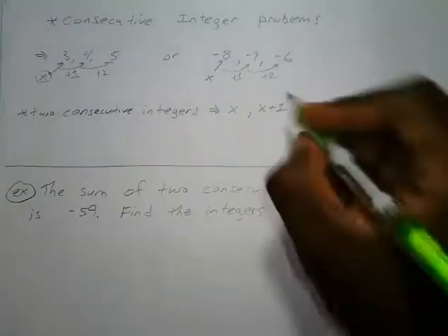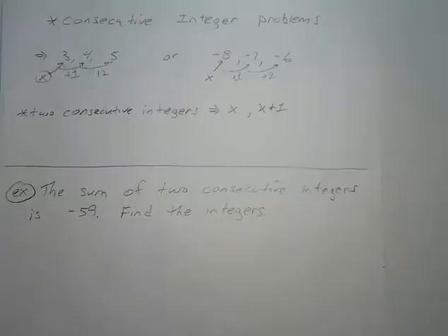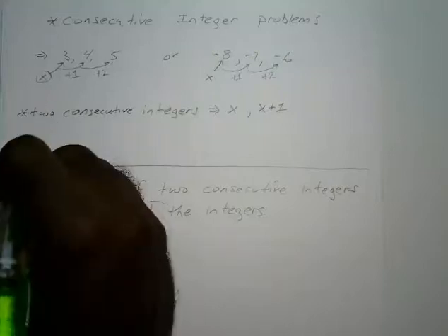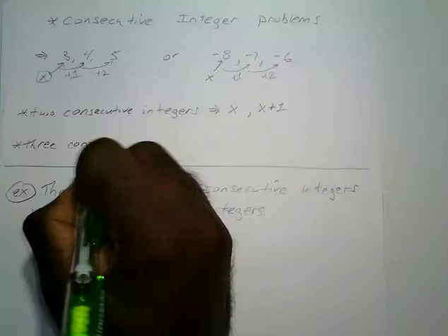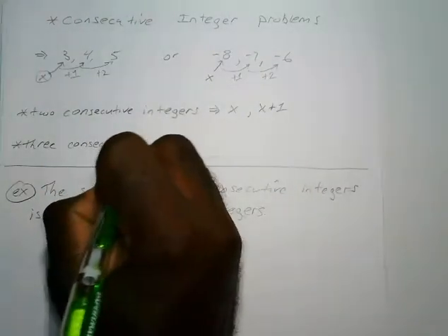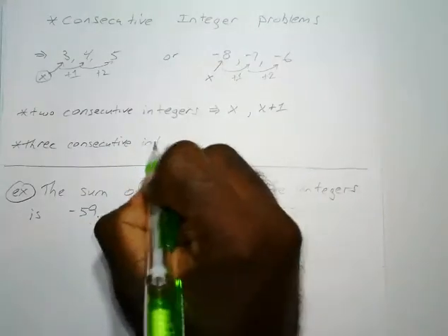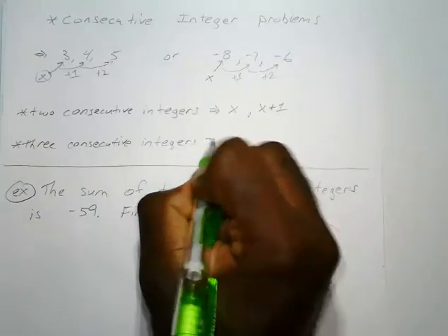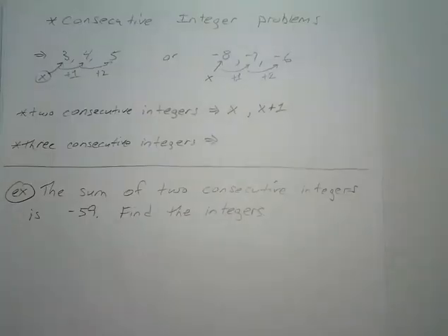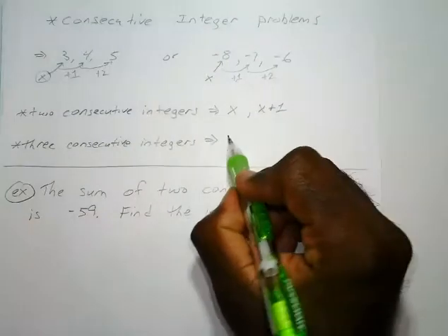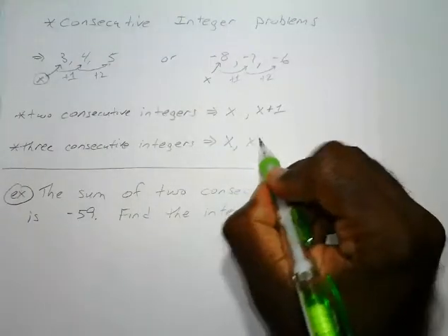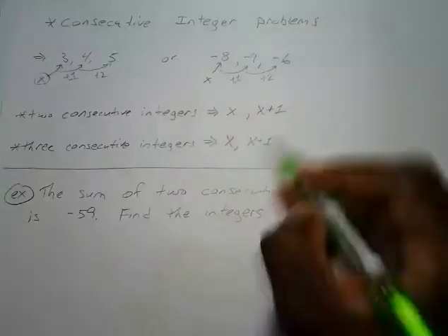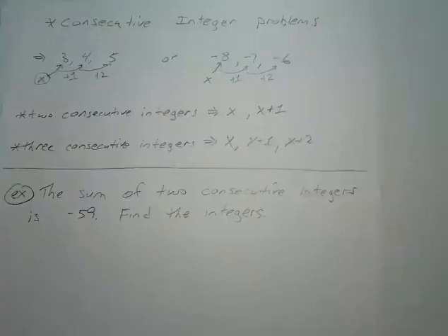That will always be your 2 consecutive integers. If you see 3 consecutive integers, that means your integers will be x, that's your first, your second will be x plus 1, and your third will be x plus 2.